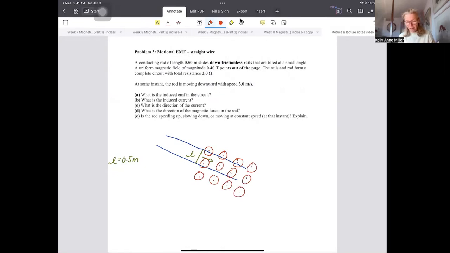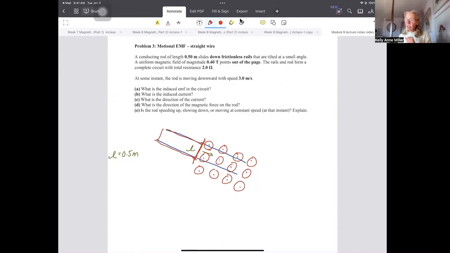And as this rod slides, if you think of this as a loop, an area, the flux through that loop is changing. But we're just going to really consider the rod for now, the rod of length L.